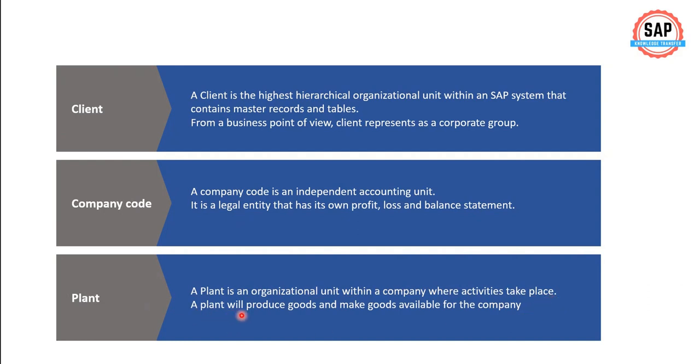The plant produces the goods and makes the goods available for the company. Wherever they keep the material and do the production activities, that is called a plant.